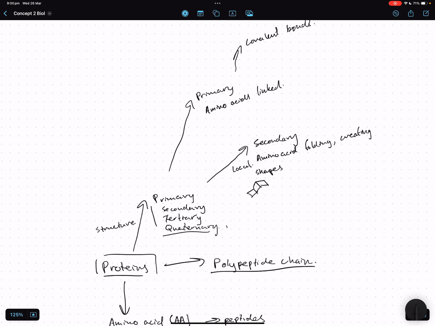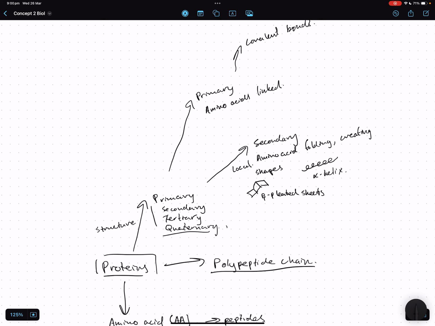This results from the protein chain just folding in on itself and forming these sheets. Beta pleated sheets. Or we can have, and I apologize for my drawing of this, an alpha helix.